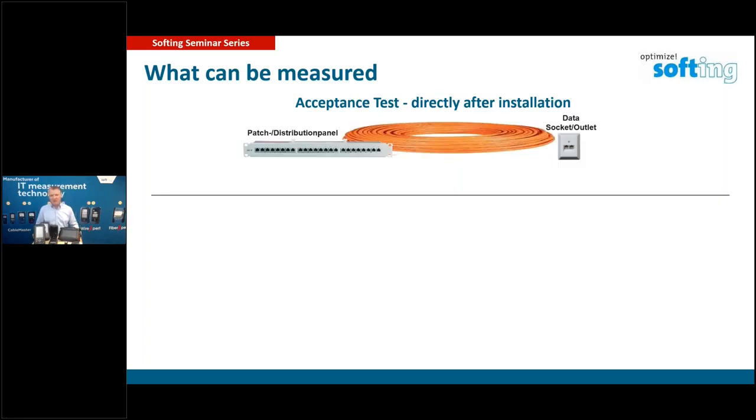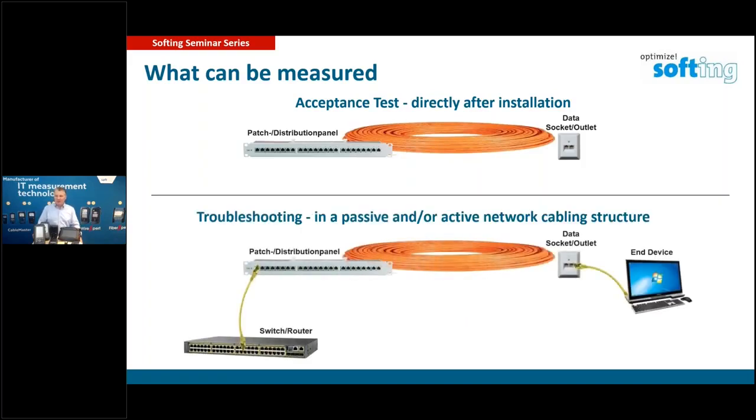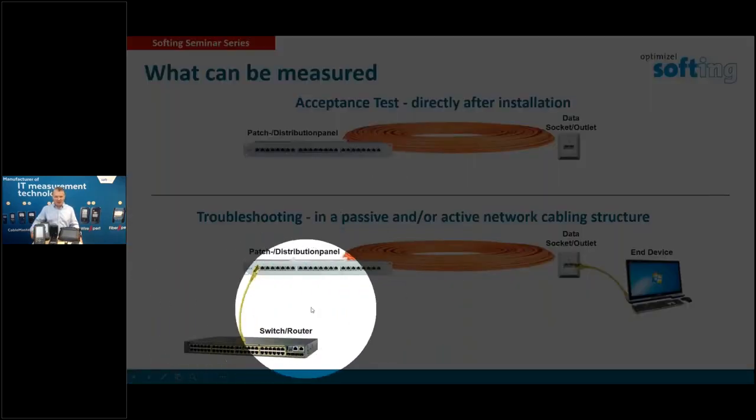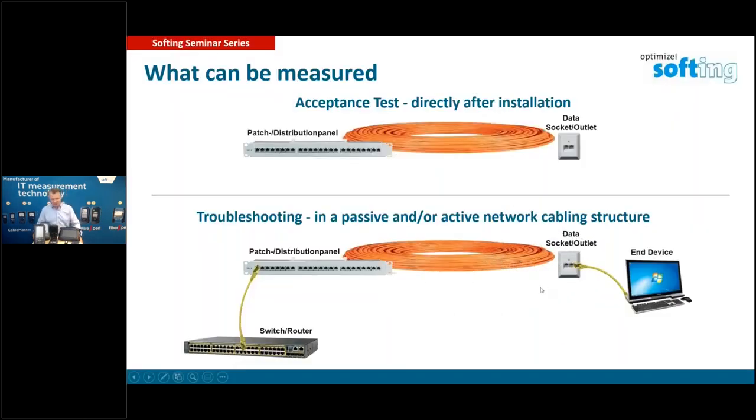If you have some trouble, because you connected a bad patch cable or something like that, maybe you get trouble with getting the right speed to your end device, then you have to look at troubleshooting. Then you have to be aware of measuring the patch cables on this end and on the other end, so that you have them in your troubleshooting measurement. So you have two different links to measure: the acceptance test link and the troubleshooting link in this case.